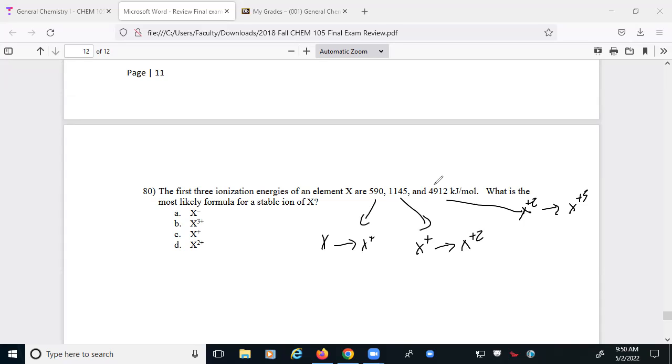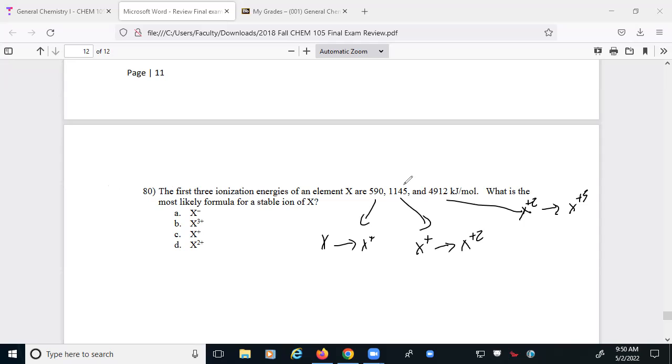Now, when we see that, that usually means that we have transitioned from a higher energy level down to a lower one. The ones that are lower in energy are closer to the nucleus, they require more energy to get out. So if the first two ionization energies occur kind of normally, and then the third one is really big, that means that that third electron is coming from a different energy level, a lower energy level.